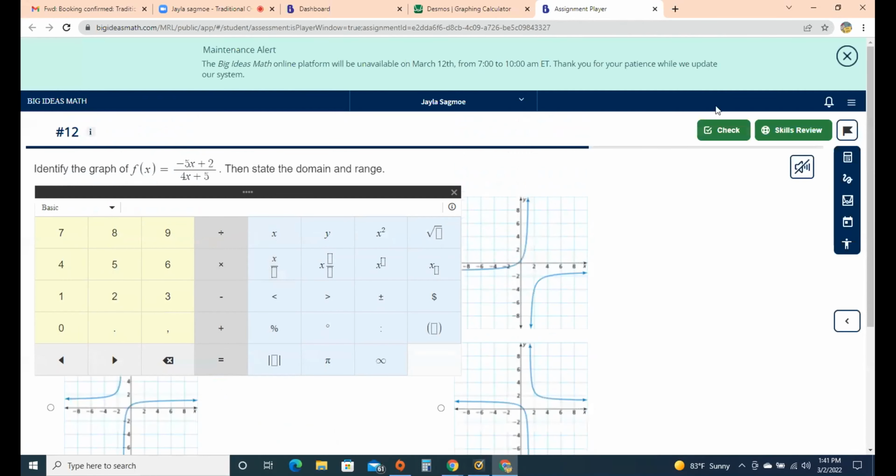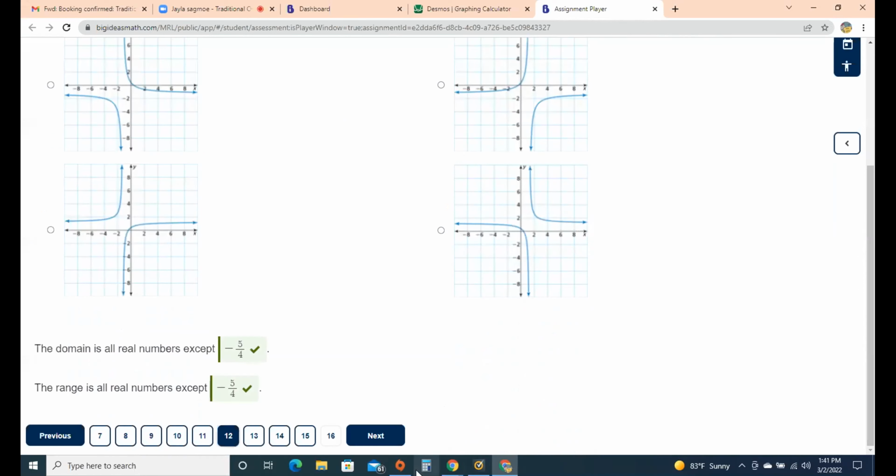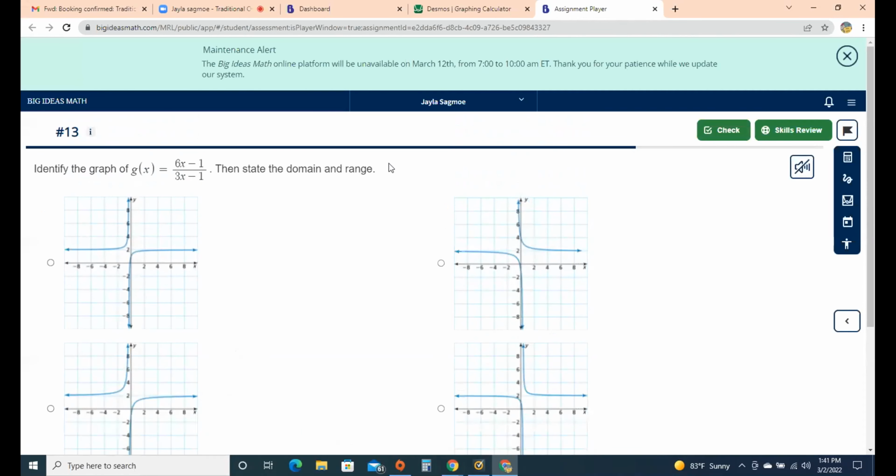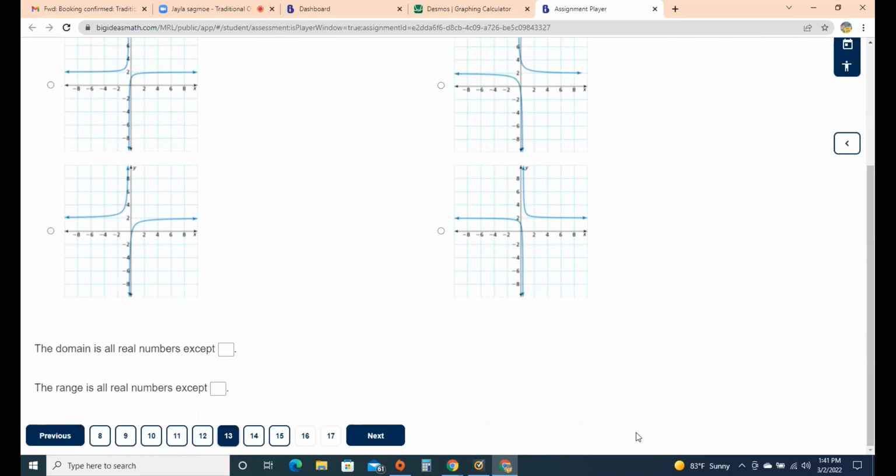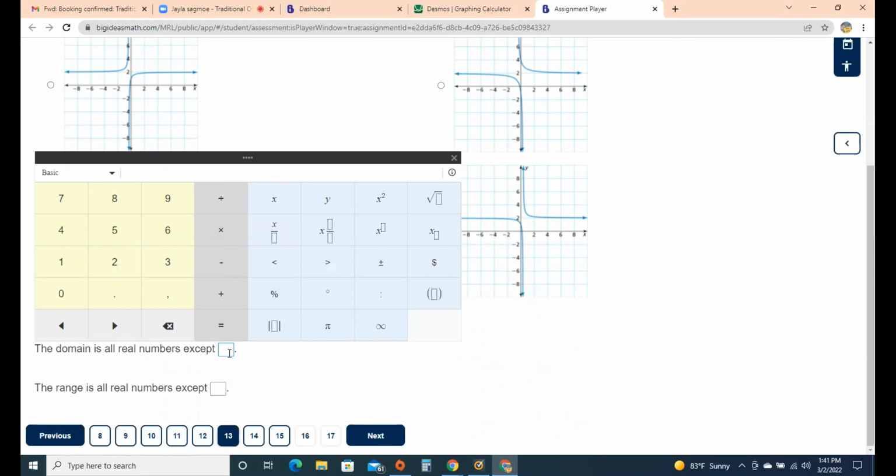That's funny. Okay, and then the next one, like 1/3. Yes, that's for the domain. And then it'd be 2. Yes, for the range.